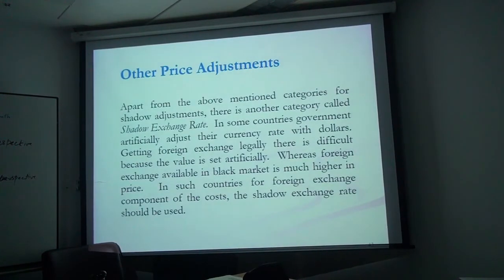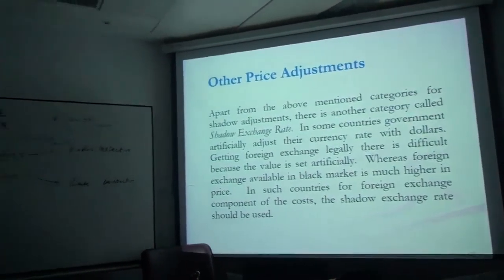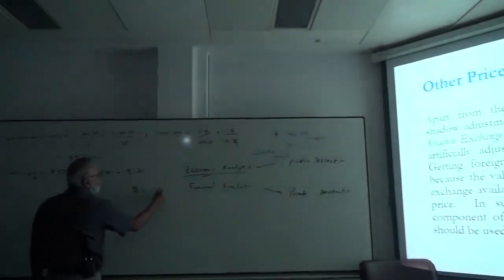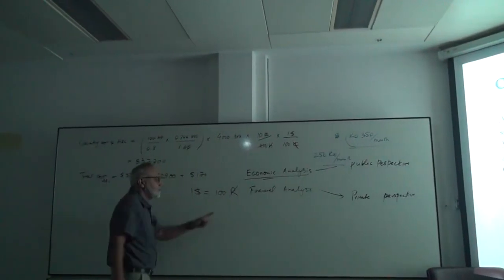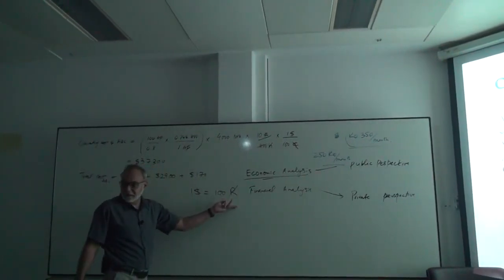There are some other price adjustments which are done. For example, if the machinery is coming from abroad and the country has set the exchange rate artificially. For example, they say that the exchange rate of $1 is equal to 100 of this currency.